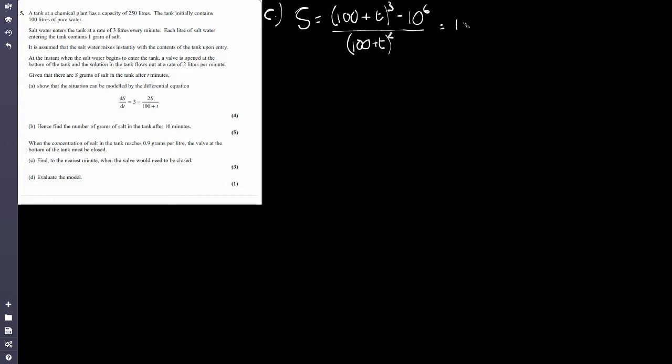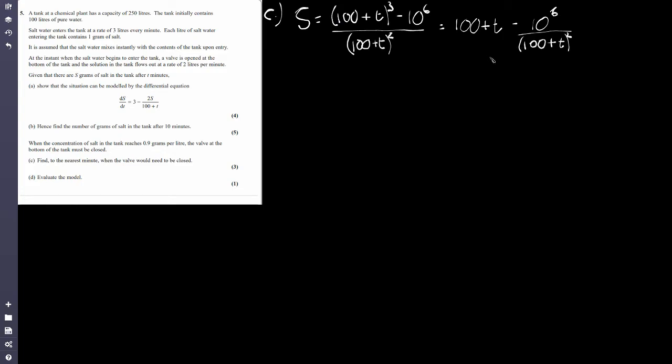So this will be 100 plus T, minus 10 to the 6 all over 100 plus T squared, like so. This is the exact same thing, it just makes it a little bit easier to work with for this question.